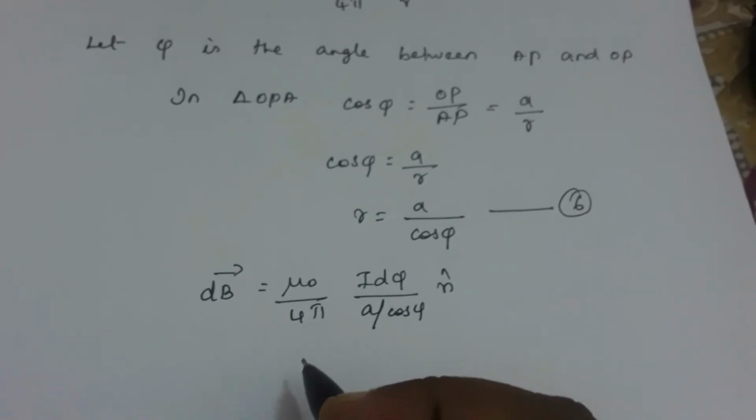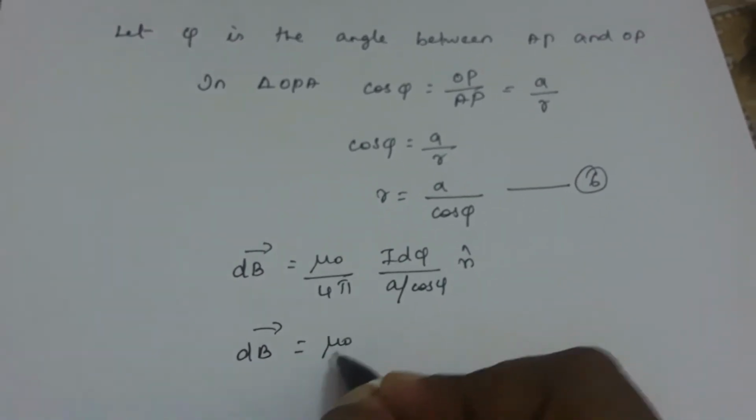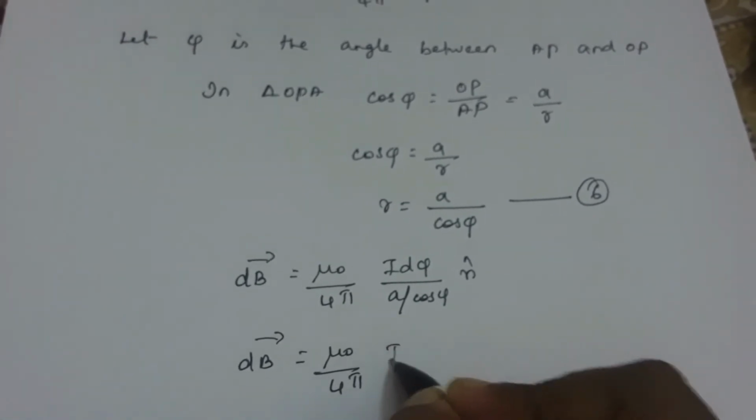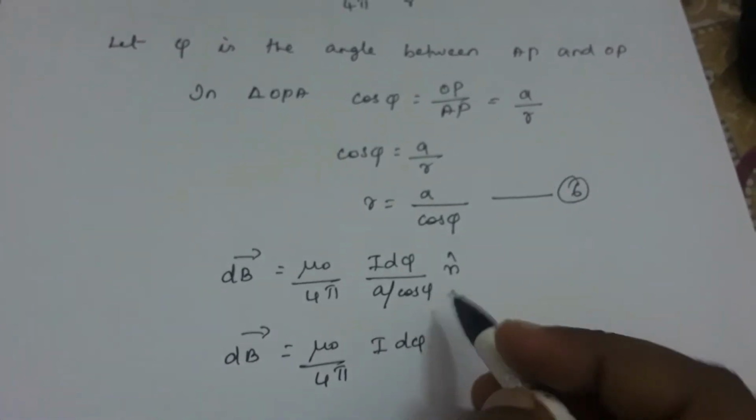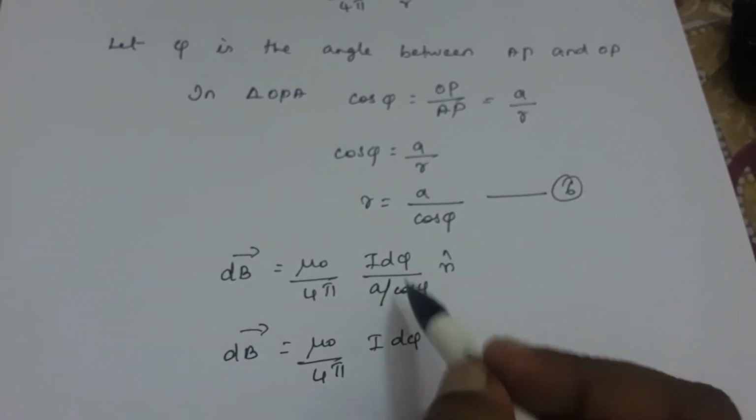Now this can be rewritten as dB vector is equal to mu 0 by 4 pi I d phi. Here cos phi is in the denominator, so we can take it to the numerator.